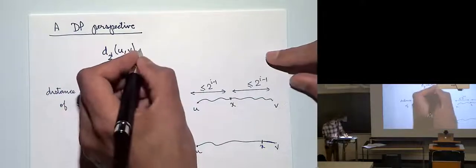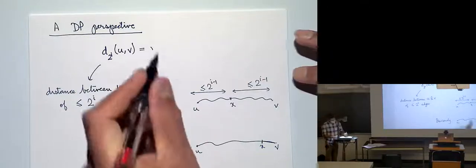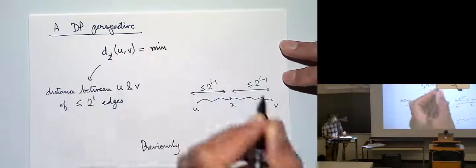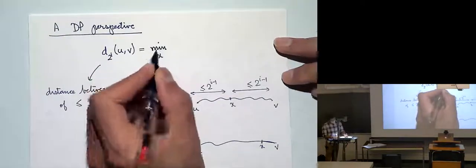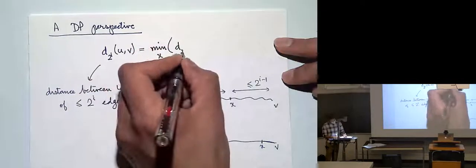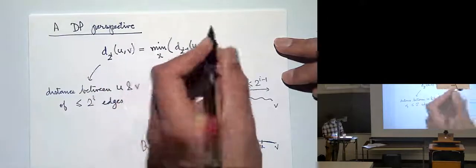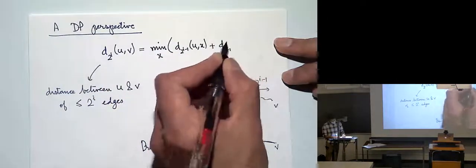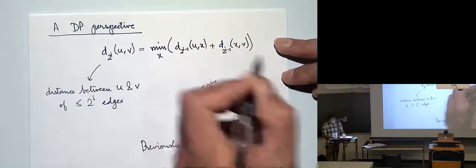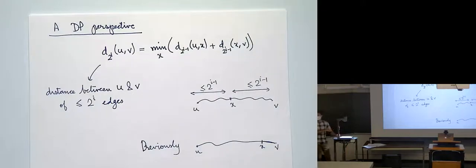So you could just take the min over all vertices x of d of 2 to the i minus 1, u x, plus distance of 2 to the i minus 1, x v. And if you take this recurrence, then you exactly get the repeated squaring.